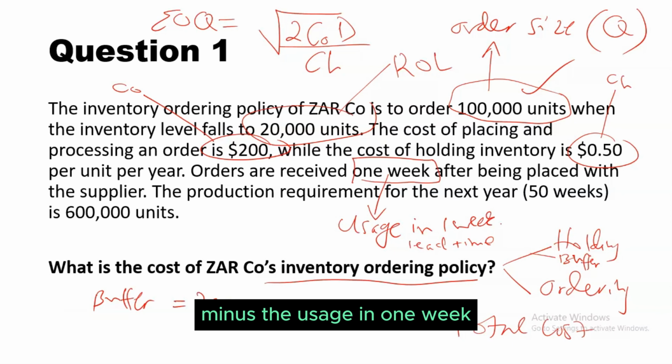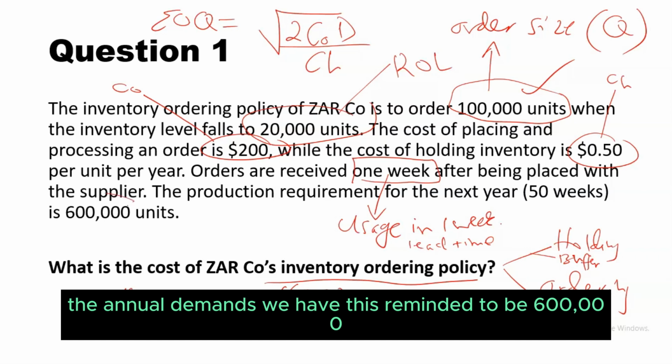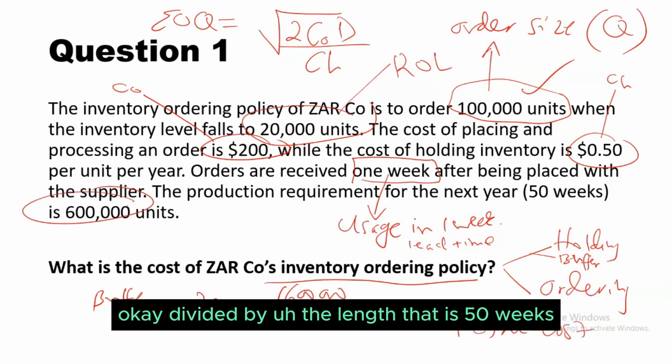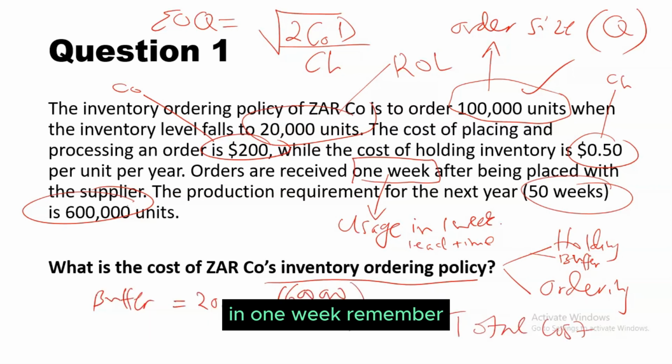the usage in 1 week, and the usage in 1 week is given by the annual demand. Okay, the annual demand, we have determined it to be 600,000, divided by the length, that is 50 weeks. So we want to determine how much we are going to consume in 1 week.